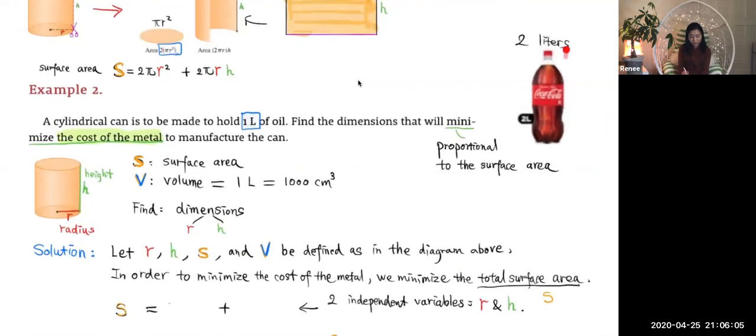Many of you have seen this soda bottle, and you can buy it at Walmart. Those big soda bottles are 2 liters.